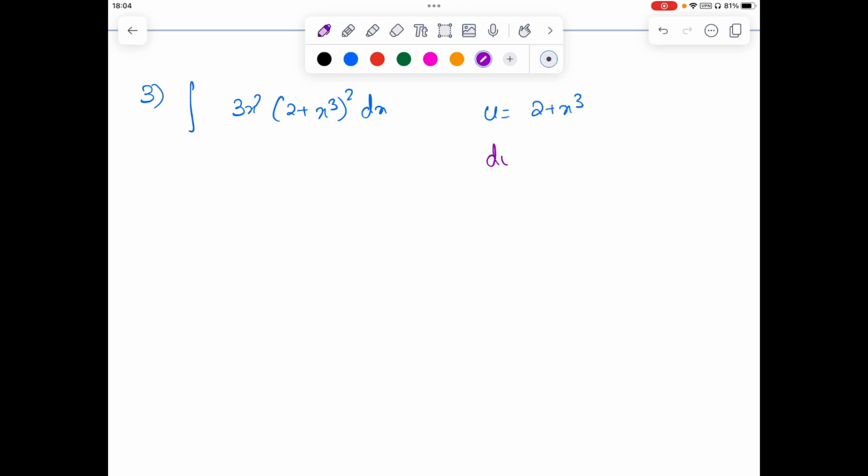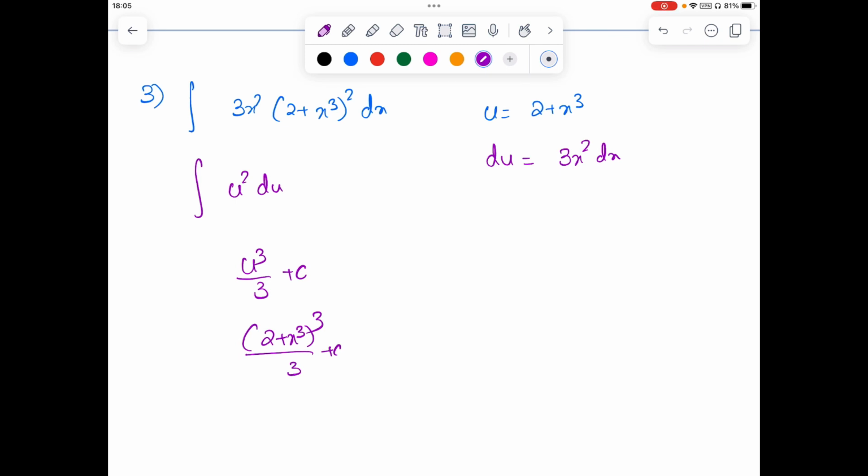So what is du? The derivative of 2 is 0, the derivative of x cube is 3x square dx. So it becomes u square du, which becomes u cube by 3 plus c. So u cube is (2 plus x cube) whole to the power of 3 upon 3 plus c. That's going to be the answer for question number 3.